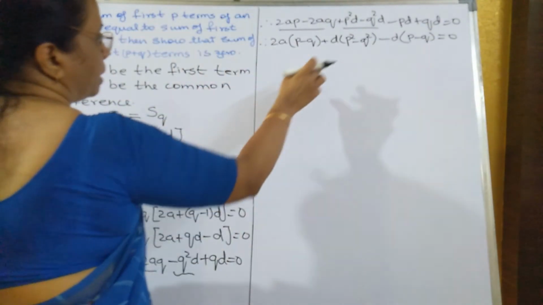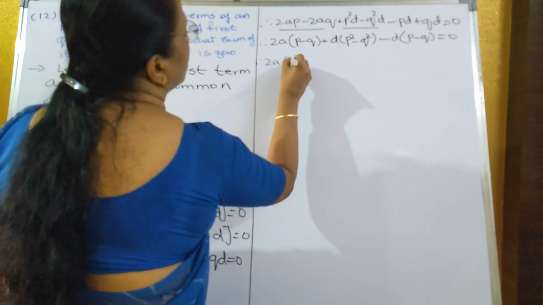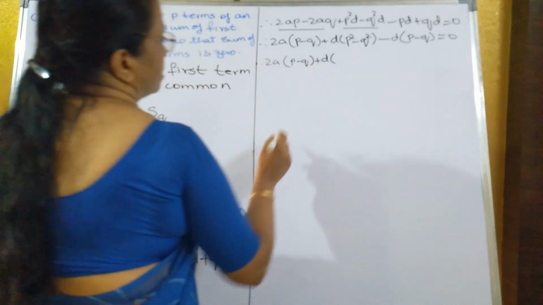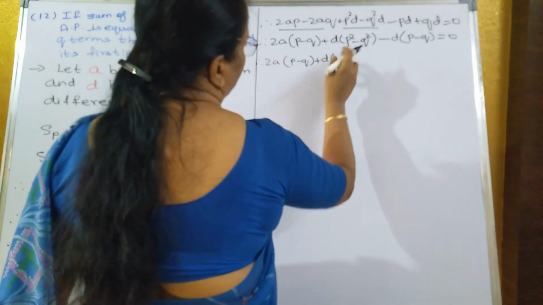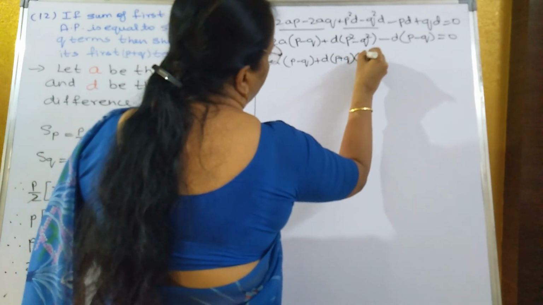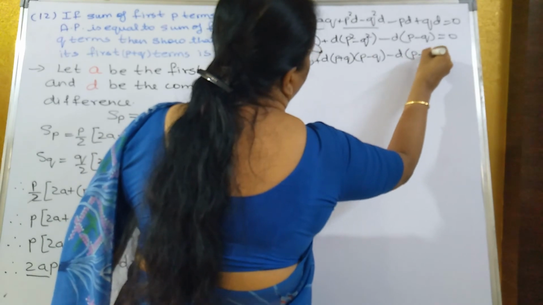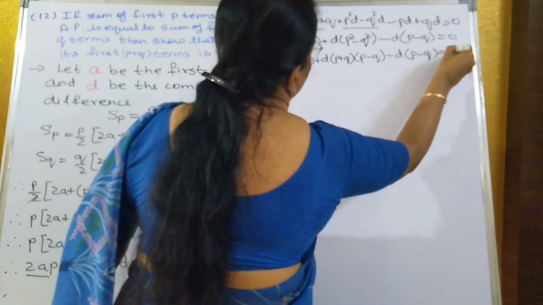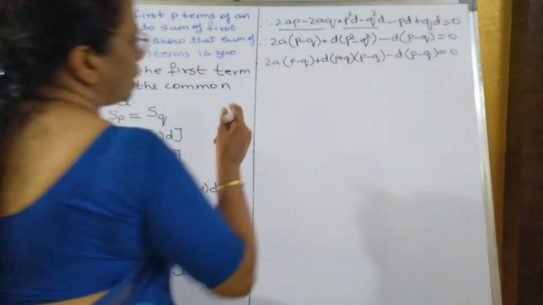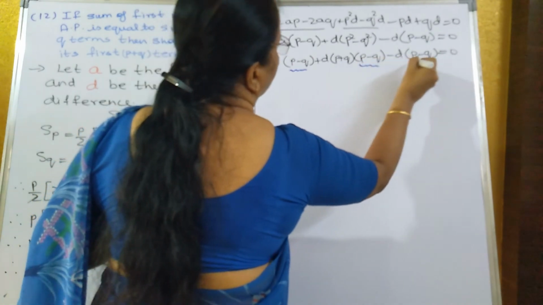Now break this up. So what you will get? 2A into P minus Q plus D. Now this is the a square minus b square identity formula you have to use. So this will become P plus Q and P minus Q, minus D into P minus Q is equal to 0. Now what is common in all this? P minus Q is common.